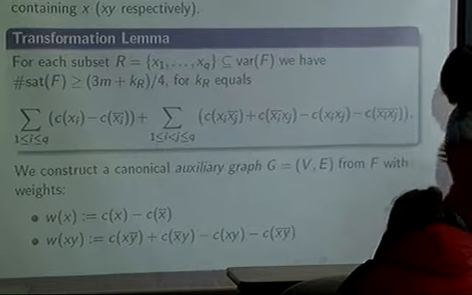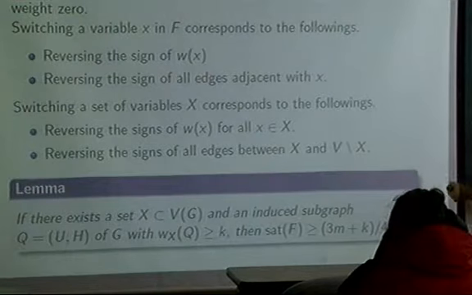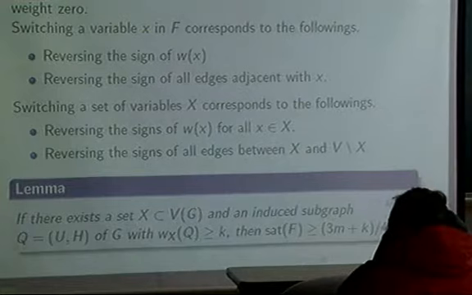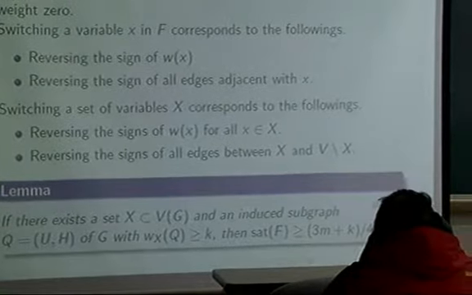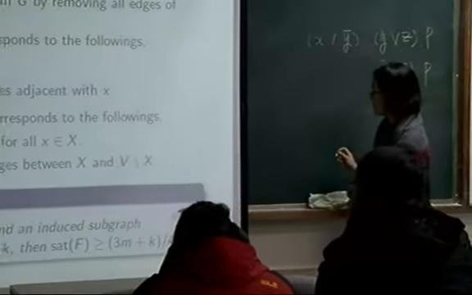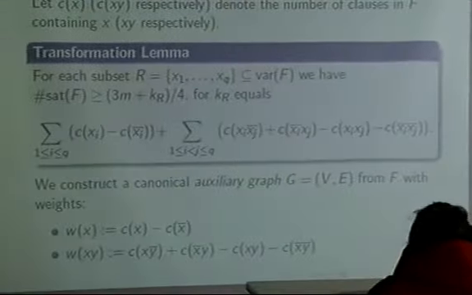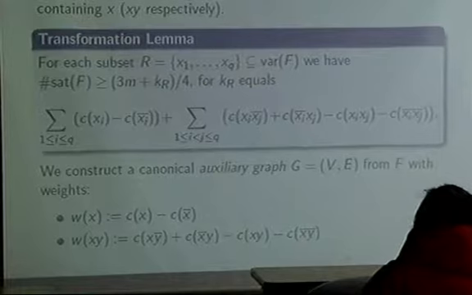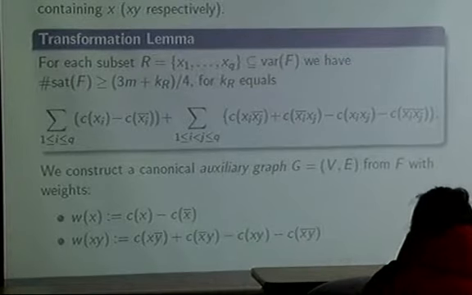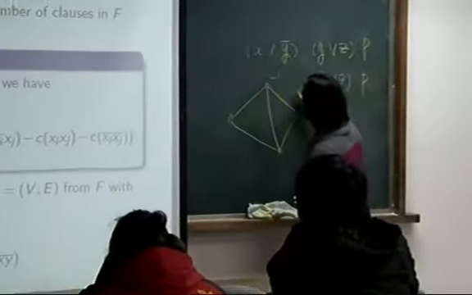So the weight of the subgraph is the sum of the weights on the vertices and edges. So we can define a graph like this, and there is a weight on the edges and vertices.